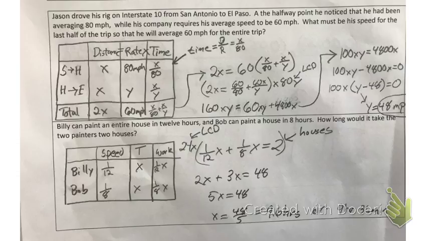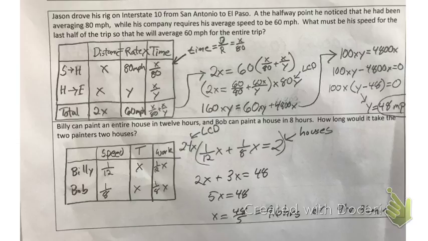So the time we don't know, but it's the same. Billy's going to work certain hours, and Bob's going to work the same amount of hours. They're going to work together until they are done. So the total amount of work Billy can do is 1/12 times x, however long they work. Bob can do 1/8 times x.